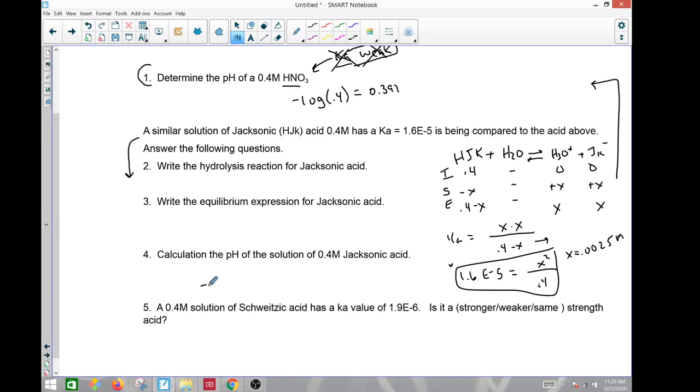Taking the negative log of the 0.0025 gives me my pH. We teeter-totter on 1.0 e to the negative 7th, and therefore my H pluses have gone way up and my hydroxides have gone way down. Even though this is a weak acid, there's no other base to compete with, so all it has is this.